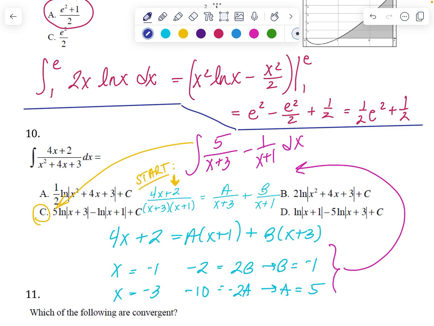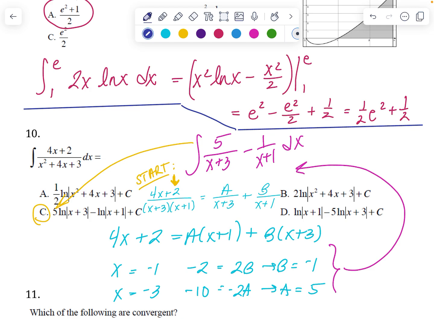Okay, so you start where I have the word start. And you have your same old setup for partial fractions. Integrand equals fraction plus fraction with the separate factors. Multiply through, in this case, by x plus 3, x plus 1. Boom. Plug in -1, plug in -3 as 2 separate problems. Boom. And you should have the -1 and the positive 5.